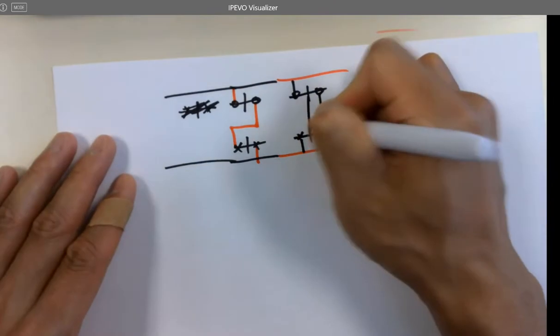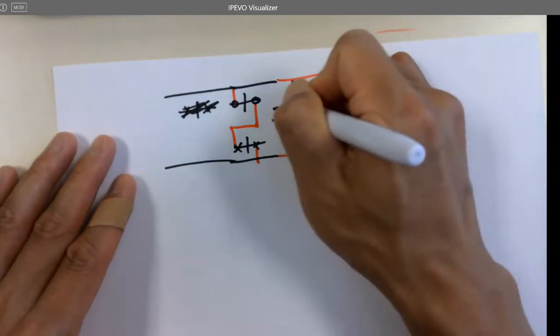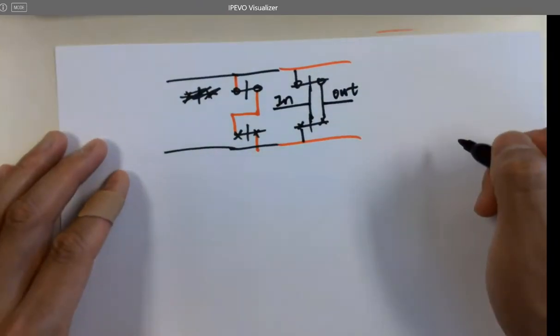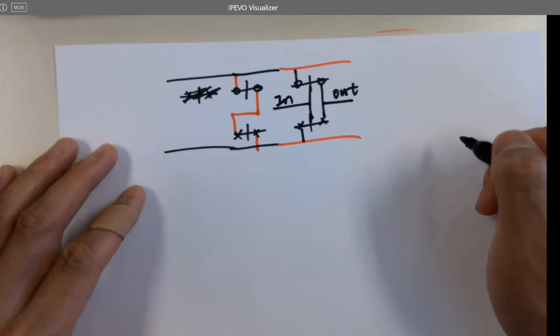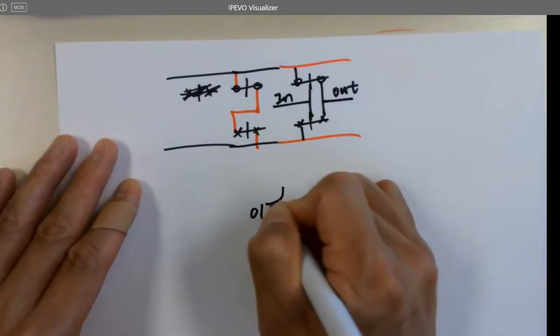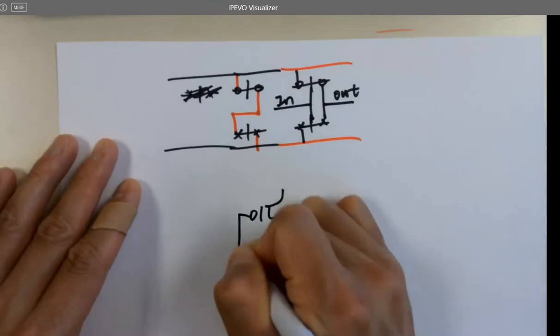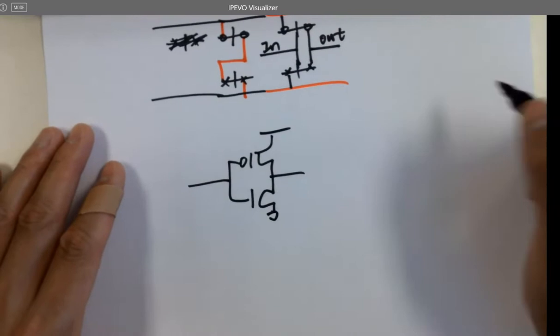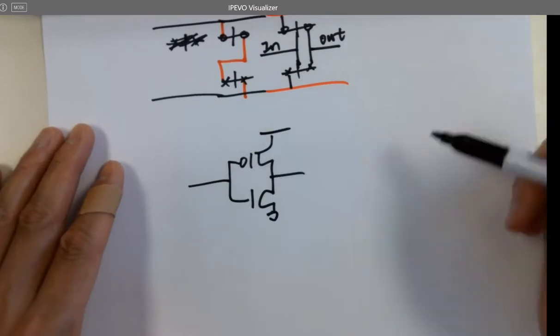And connect the gates, input, output. Okay? And here's the inverter. Now you understand why we have a PMOS on top and NMOS at the bottom.